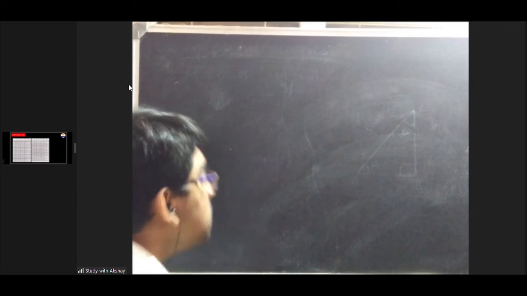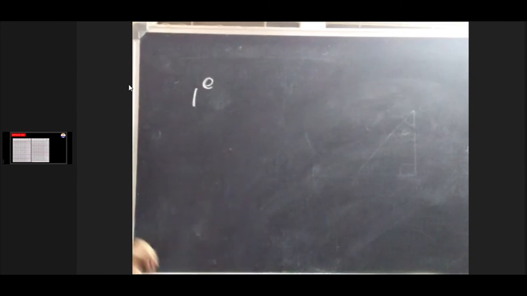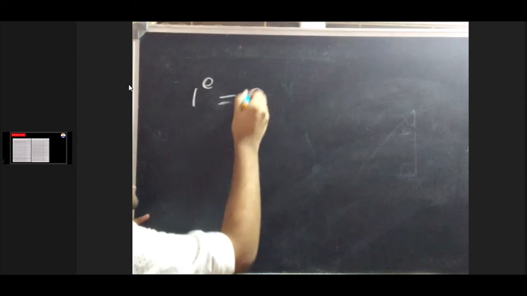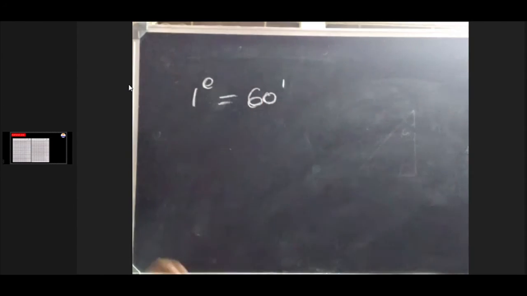The table displayed on the screen is known as natural sine. Here, the angle goes from 0 degrees till 90 degrees, with the values and the intervals between them. Before that, let me give a bit of conversion. 1 degree equals 60 minutes.